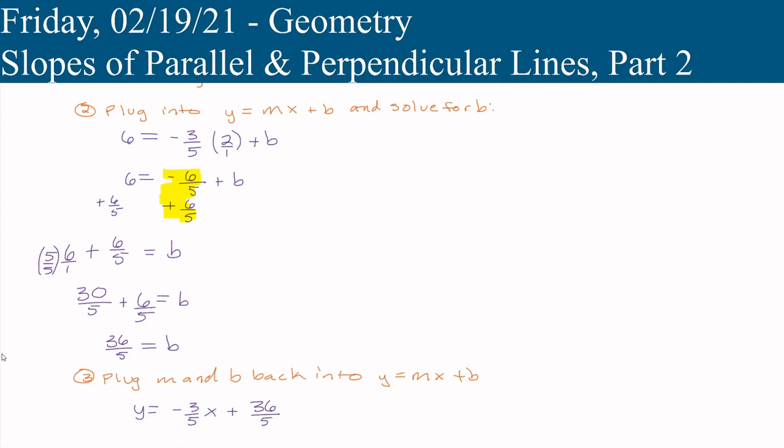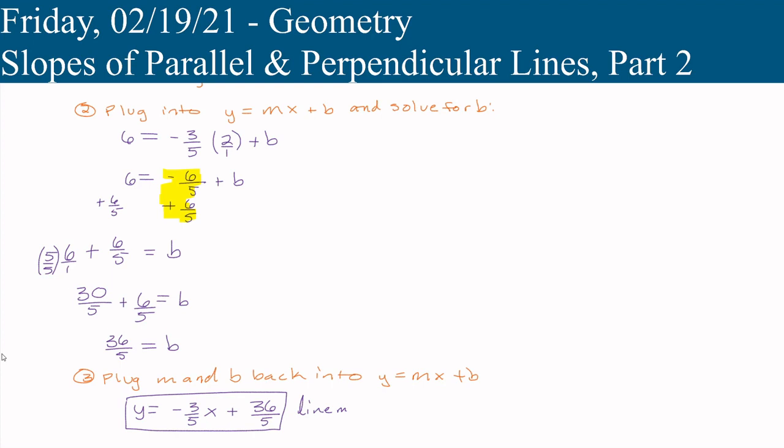So there's that linear equation. This is for line M, M as in Mary. Okay, so got one part there.